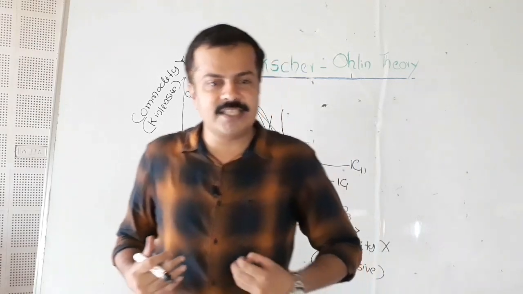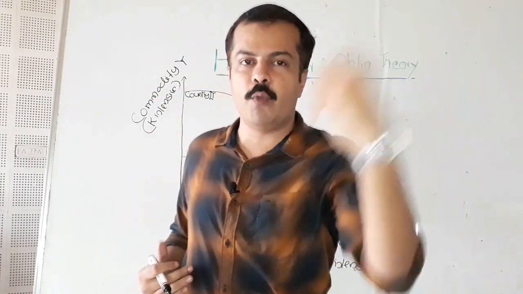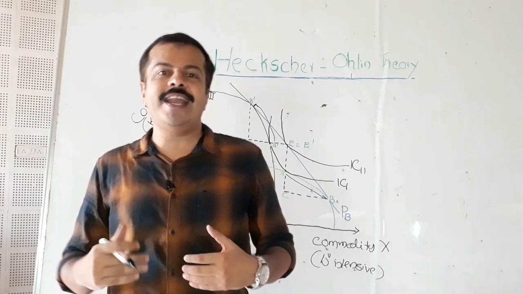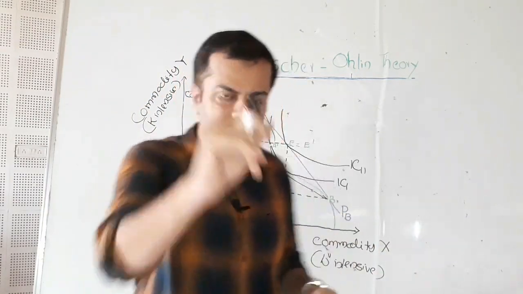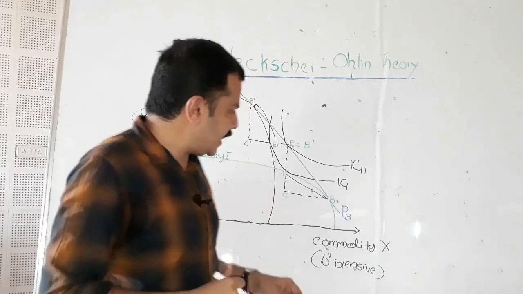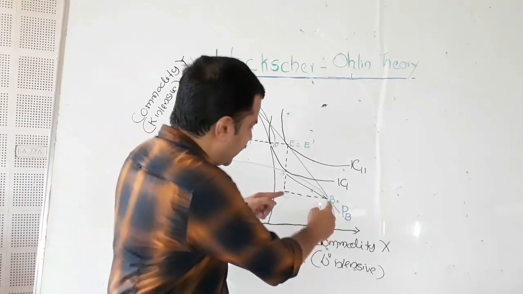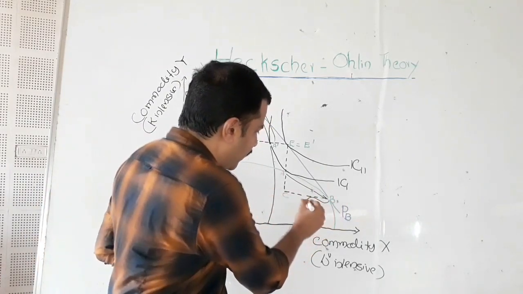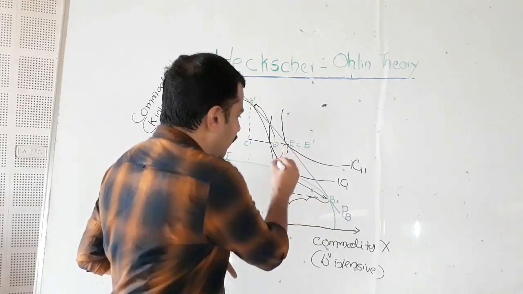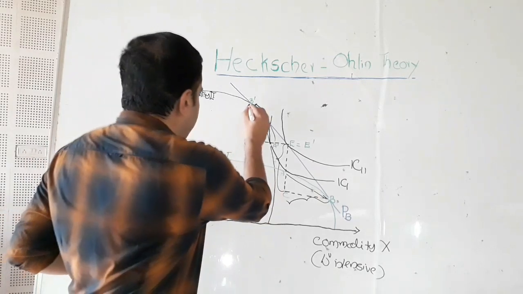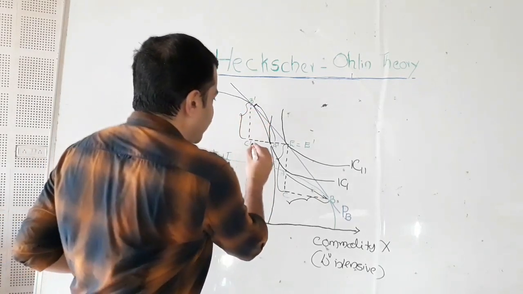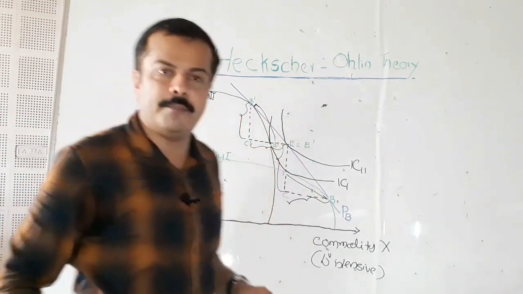Country 1 will export commodity X to country 2 and country 2 will export commodity Y to country 1. Let us assume that country 1 exchanges this much quantity of commodity X in return for this much quantity of commodity Y, and country 2 exports this much quantity of commodity Y in return for this much quantity of commodity X.